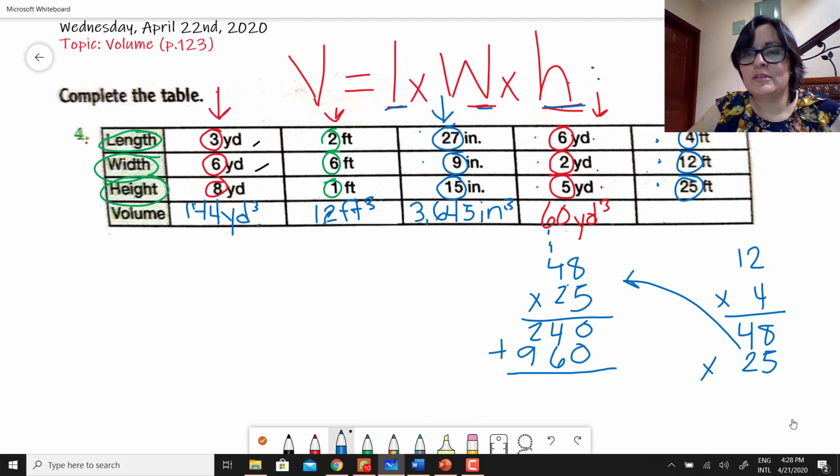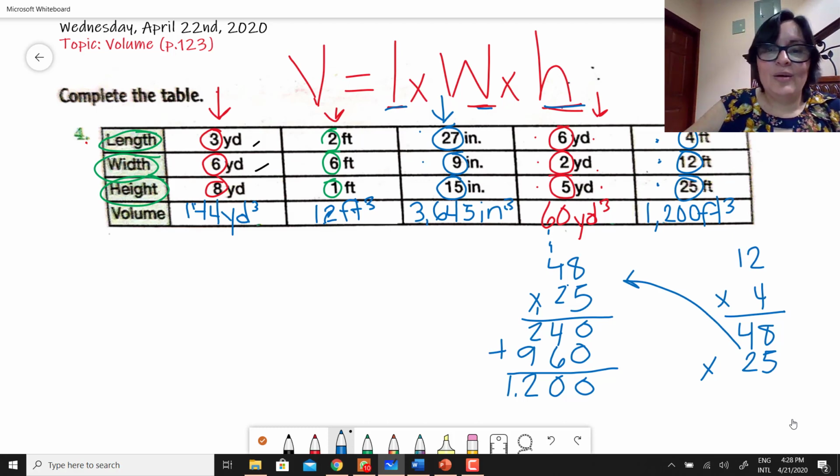Then we add that. 0 plus 0, 0. 4 plus 6, 10. 1 plus 2, 3 plus 9, 12. Okay, so we have that 4 times 12 times 25 is 1,200 what? Feet, and those feet have to be cubic.